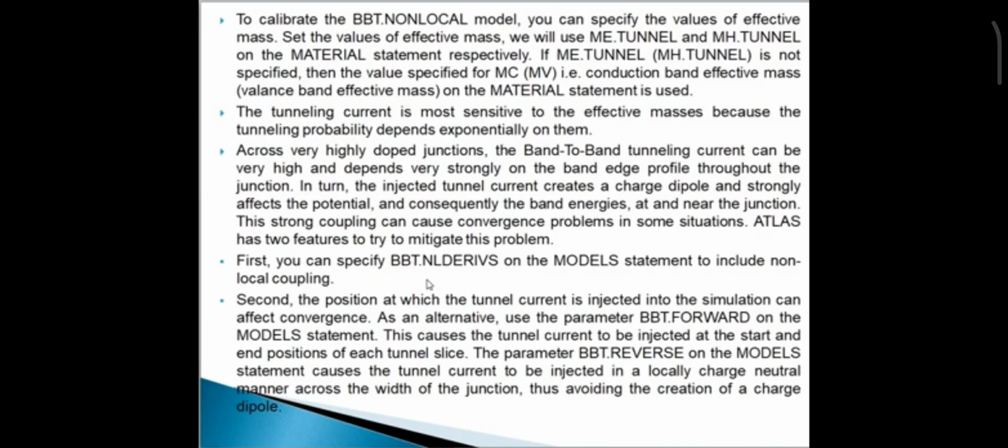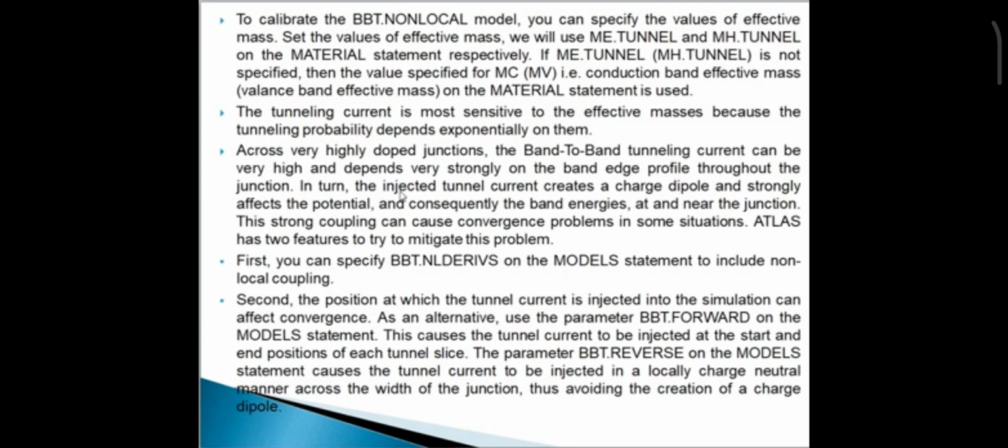If ME.tunnel and MH.tunnel are not specified, then the values specified for the conduction band effective mass and valence band effective mass on the material statement are used. The tunneling current is more sensitive to effective mass because the tunneling probability depends exponentially on them.